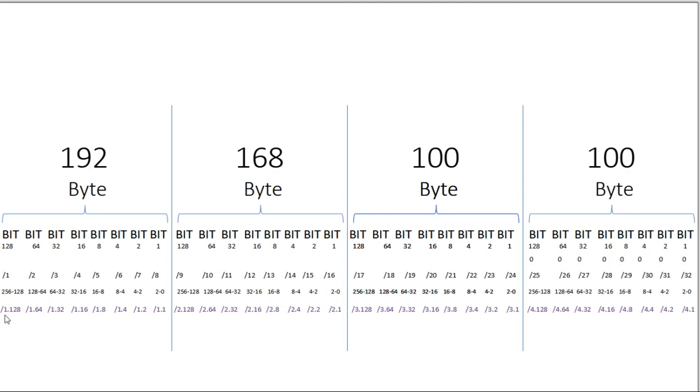So in my opinion, it would have been a lot easier just to say 1.128. You would immediately know that the subnet contains 128 units and belongs to the first byte, the first octet. That's it. So you can immediately calculate the subnet without any problem. If someone tells you, going by this logic, 3.8, you know immediately, okay, it is in the third octet and it has 8 units in this subnet.